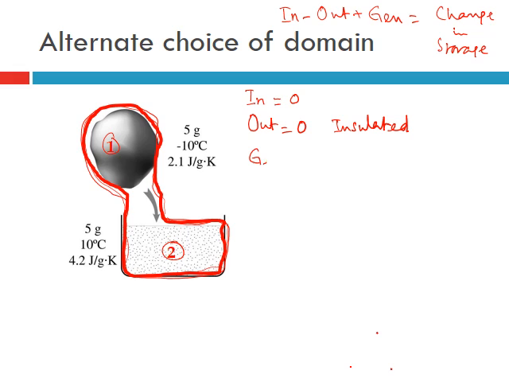The generation term is also 0 because there is no chemical reaction, or anything complicated going on. So change in storage is equal to final energy content minus initial. Okay?